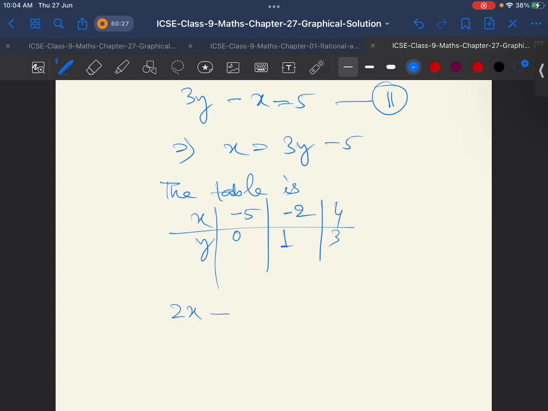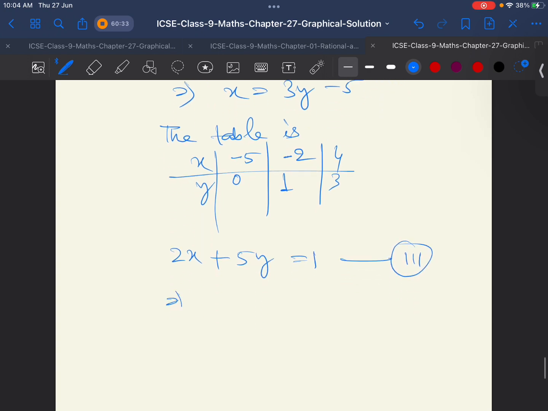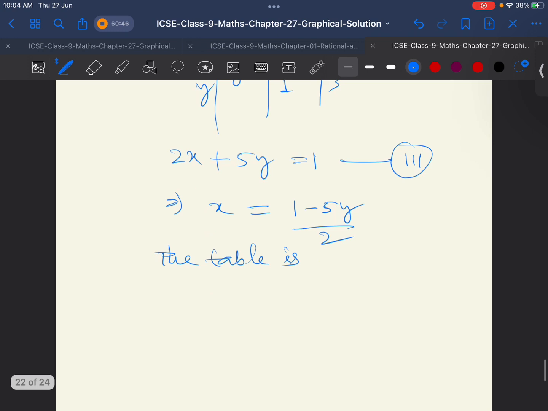Third equation, 2x plus 5y equals to 1. This is equation 3. So this implies x equals to 1 minus 5y by 2. Okay, so the table is here, x and y.